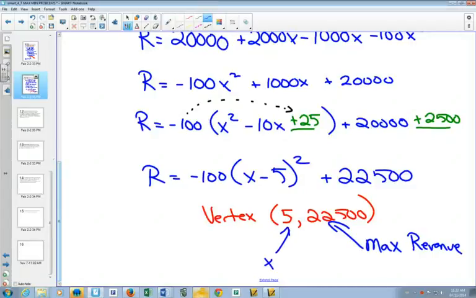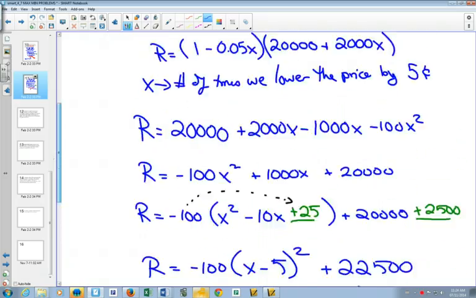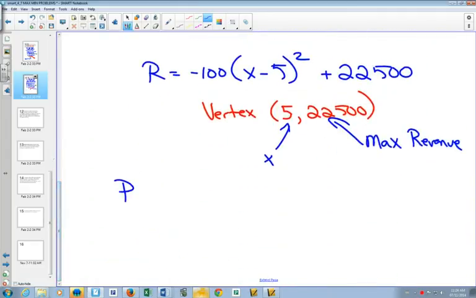And this was x. Now what did x stand for? How many times we lowered the price by 5 cents. What did the question ask us to find in the end? What price? So what will the price be? 75 cents.